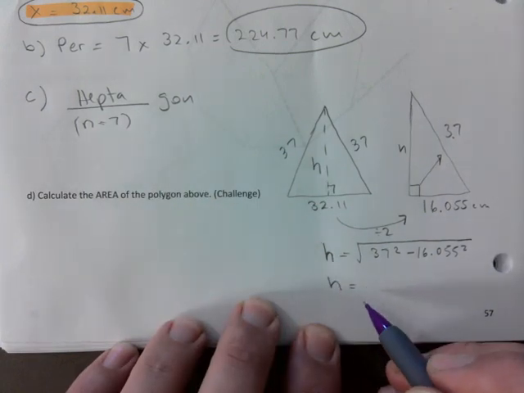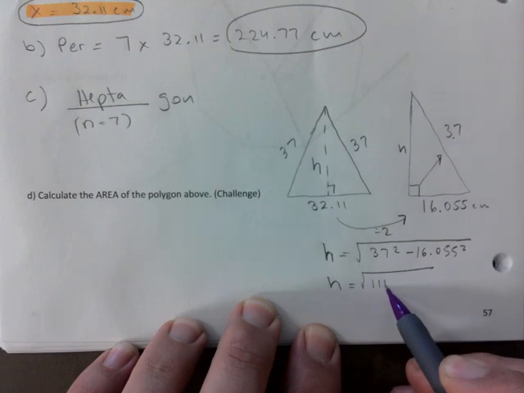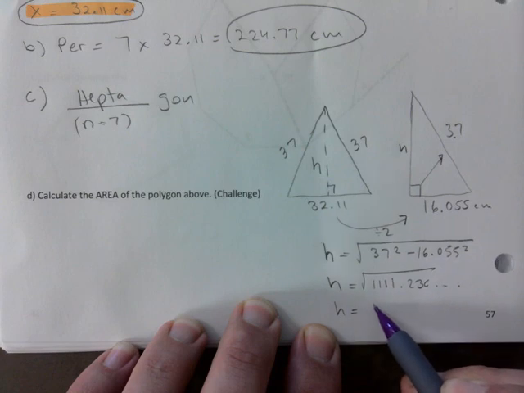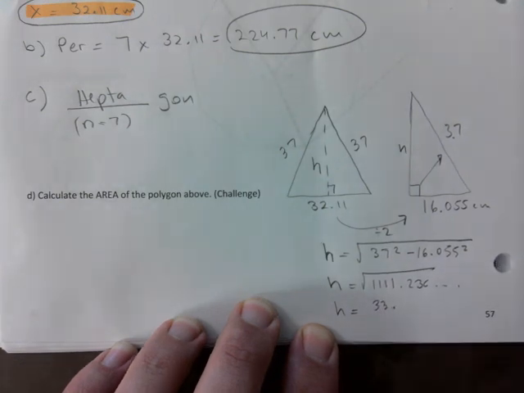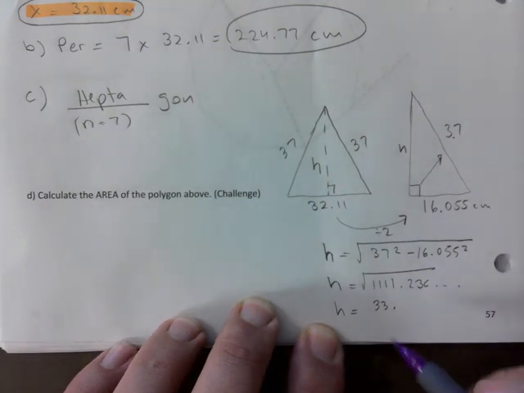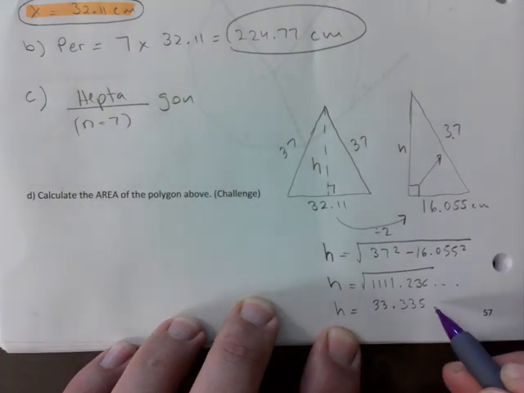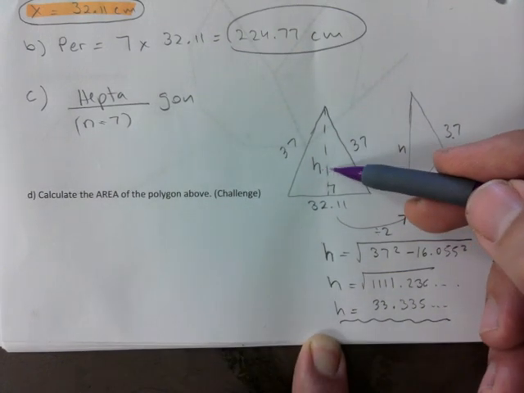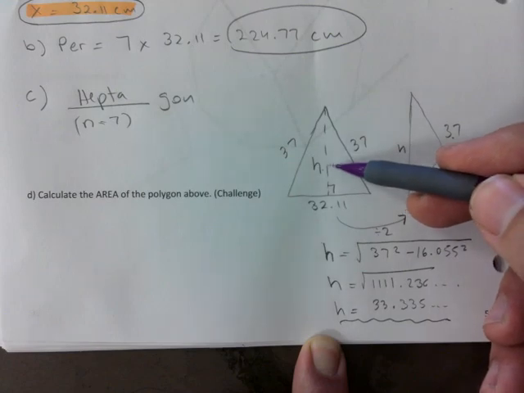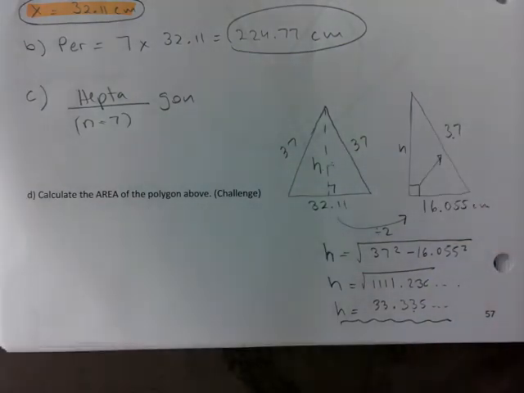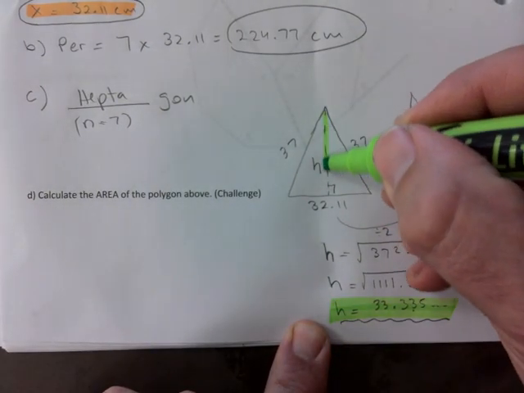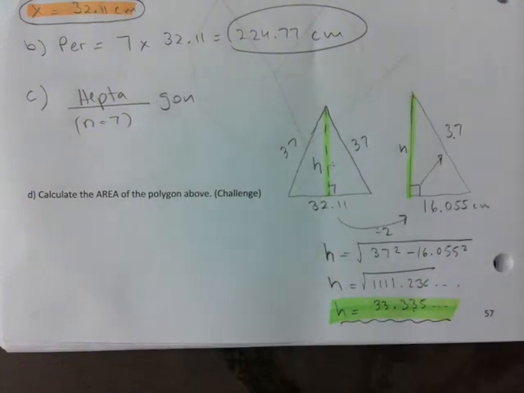That gives you the root of, which gives you a height of 33.3, something like that. This is important. That's the height of this triangle that I'm trying to find the area for. Does that make sense? I hope so. I know there's a lot of work involved here, but this is all just to find the height of that triangle.